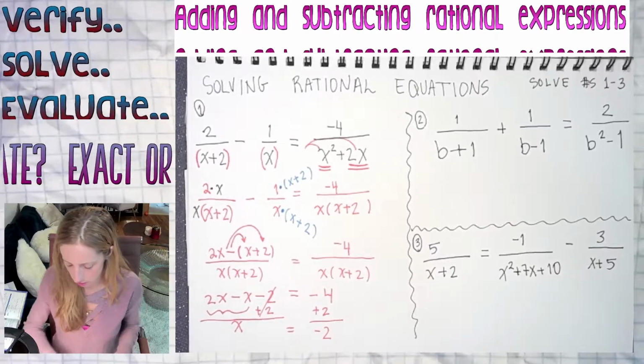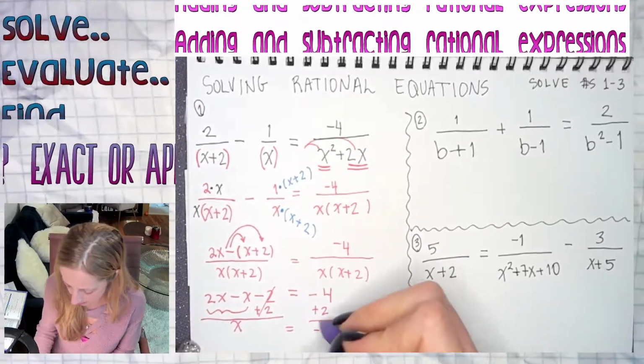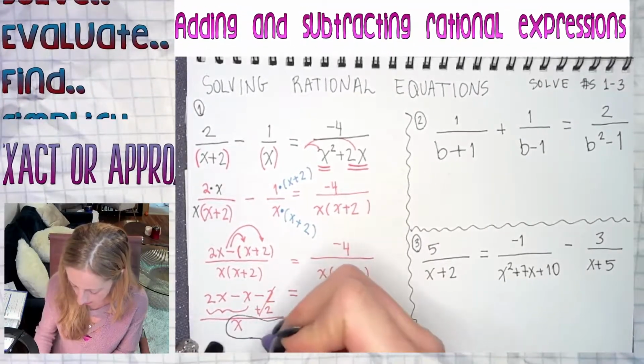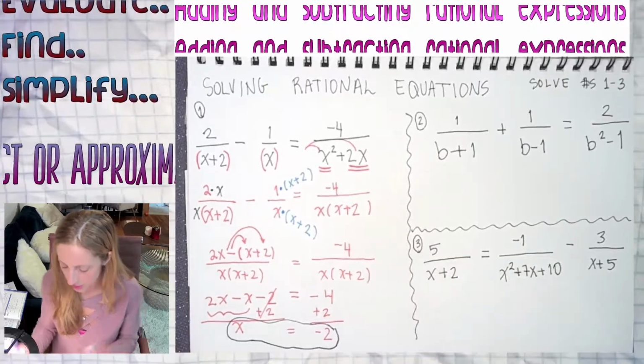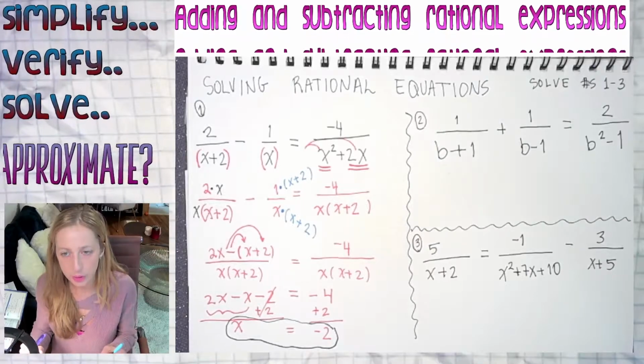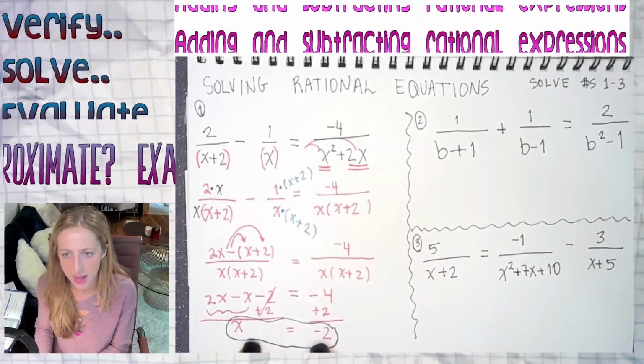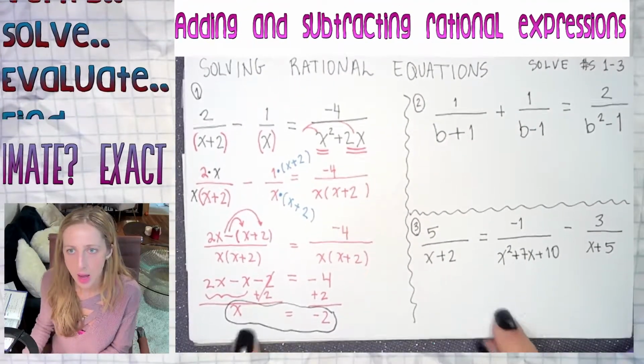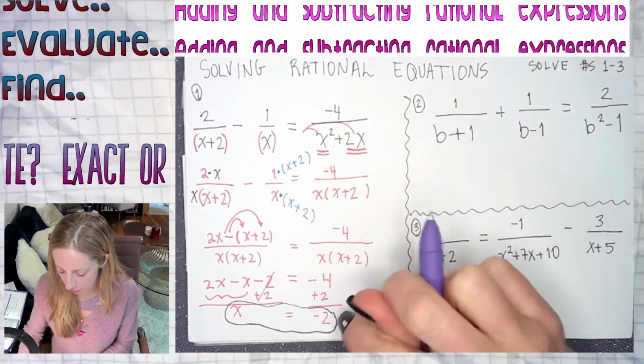Yeah. So, final answer. That big scary equation, x equals negative 2. What does that mean? That this equation that I wrote up here in black originally is true when x equals negative 2. Okay? You don't want to forget to check for restrictions though.